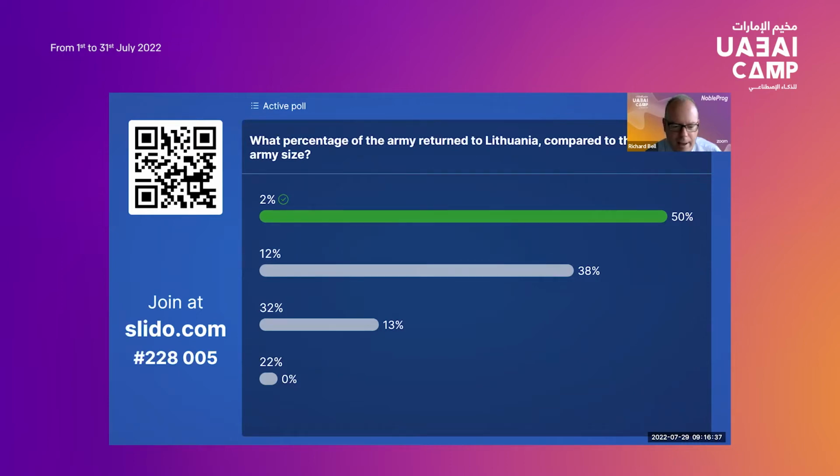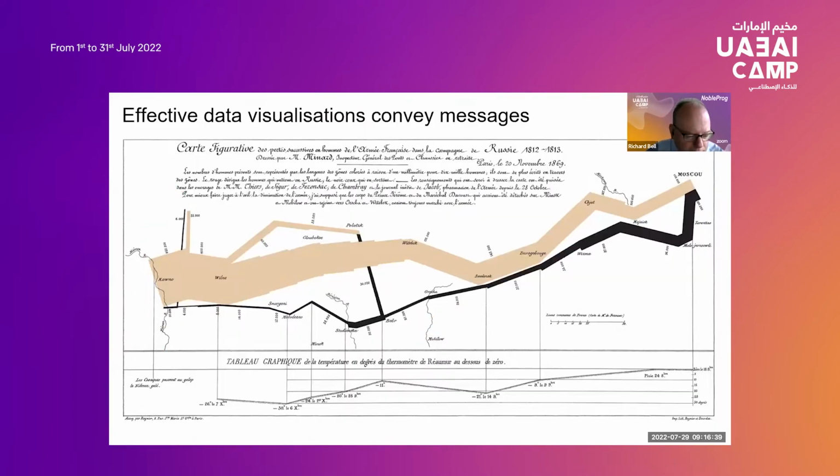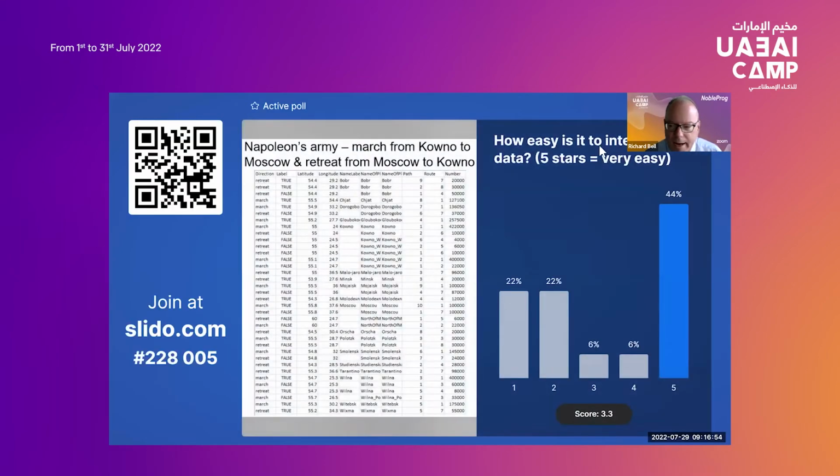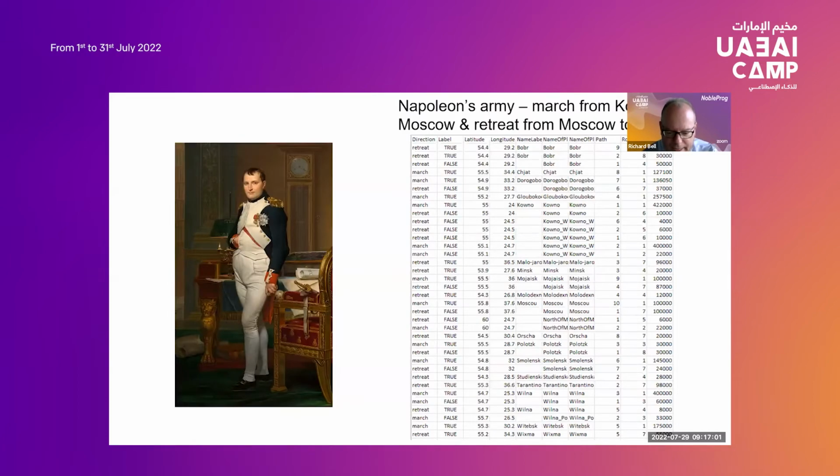If we come back to the map, you can see a very thick line representing 420,000 troops that set out, and in fact only 10,000 returned. If we go back to the spreadsheet, we can see that in these two rows of data: 422,000 who started out on the march and 10,000 who returned.